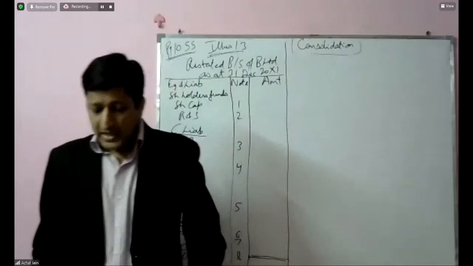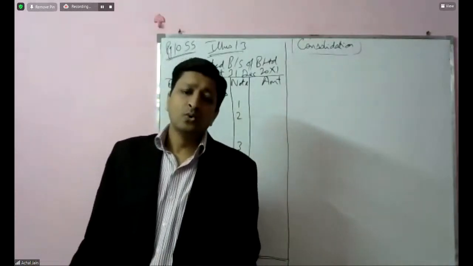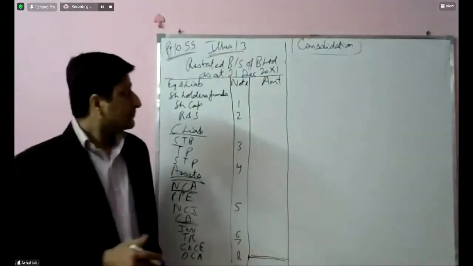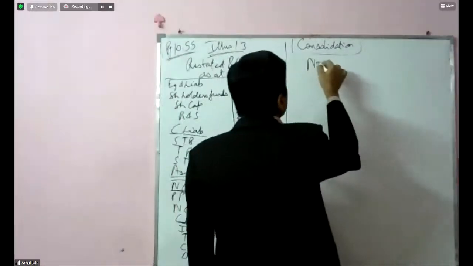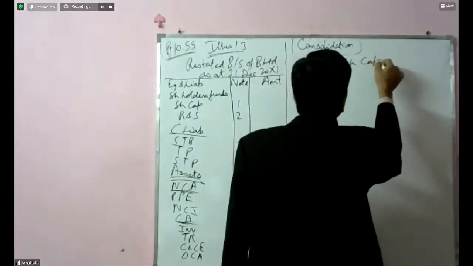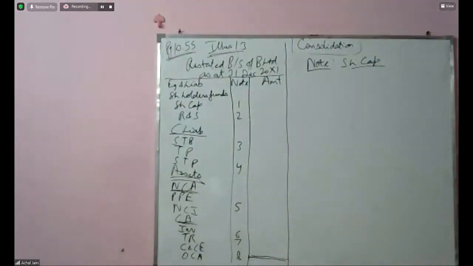Okay, and now we'll start putting the notes for each and every item. Moving on to note number 1. Share capital. We'll have to write down the information clearly the way it is given in the question.